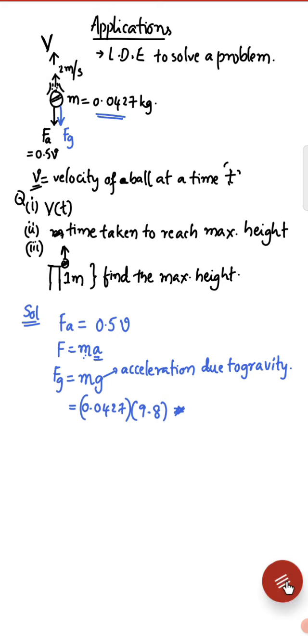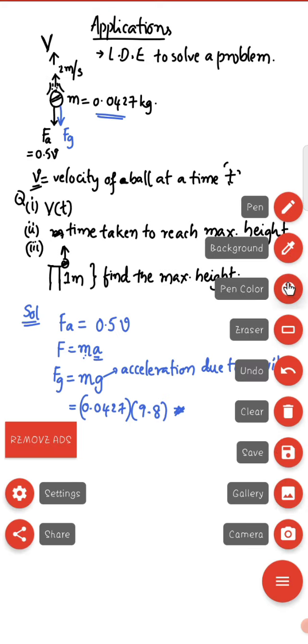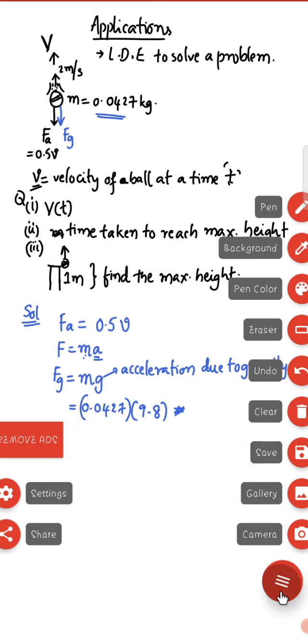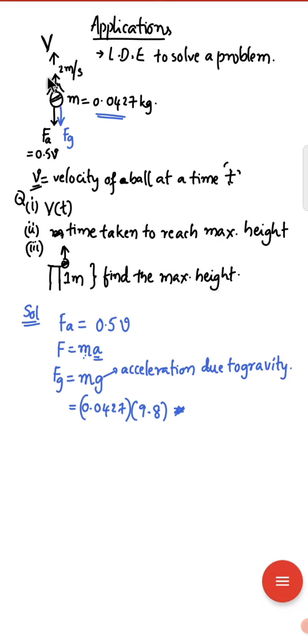But now we have the force which is acting upward. So this is the force caused by the initial velocity v. Okay, so this force, capital F, balances both Fa and Fg.